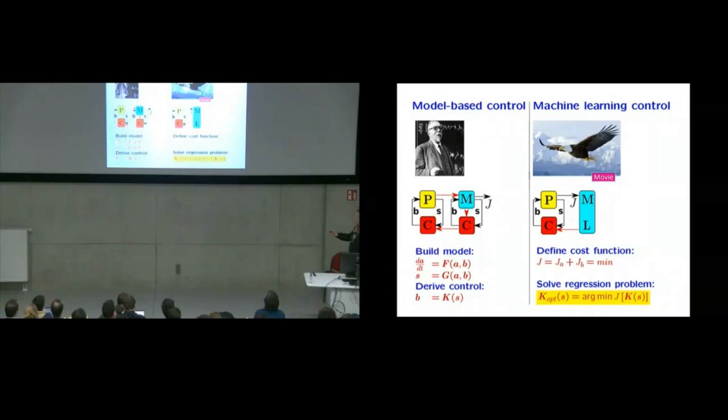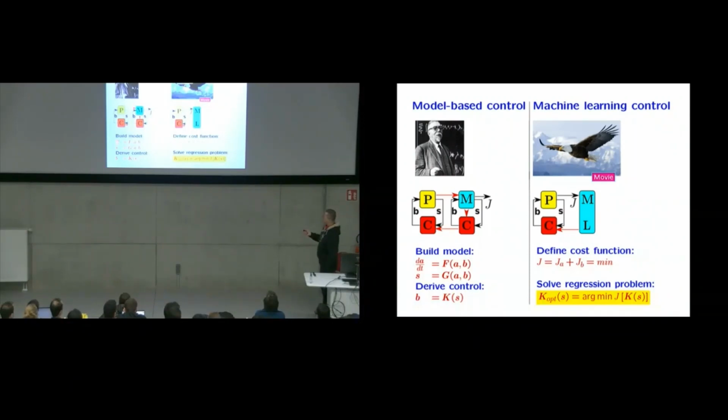So we have seen this model-based control, which may be associated with Norbert Wiener. And we have seen the movie of the eagle doing the amazing maneuver of landing on a rock under gusty conditions. I have discussed already that this eagle does smart trial and error.